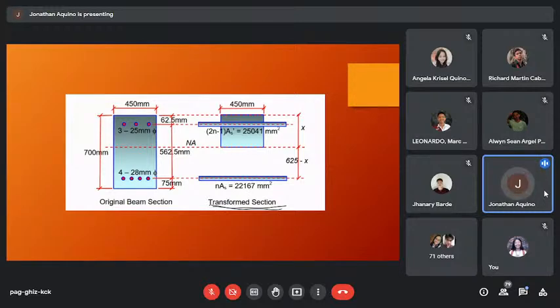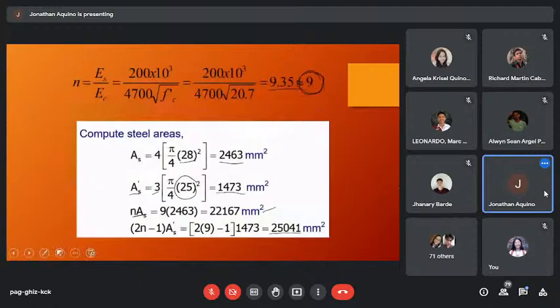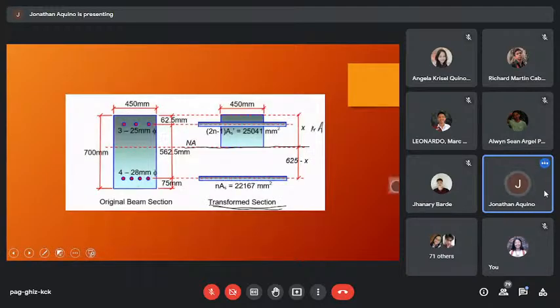Then from the transformed section, we need to define the location of the neutral axis. The location of the neutral axis is found by equating the moment of area above to the moment of area below.